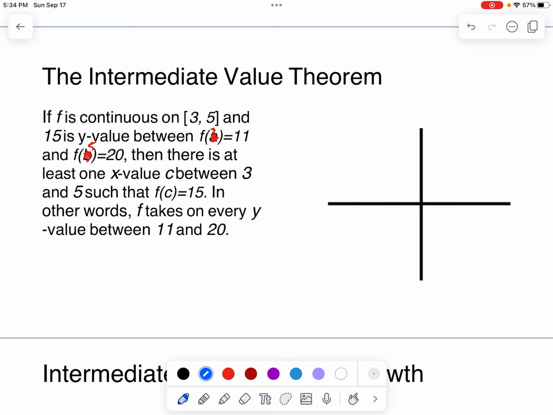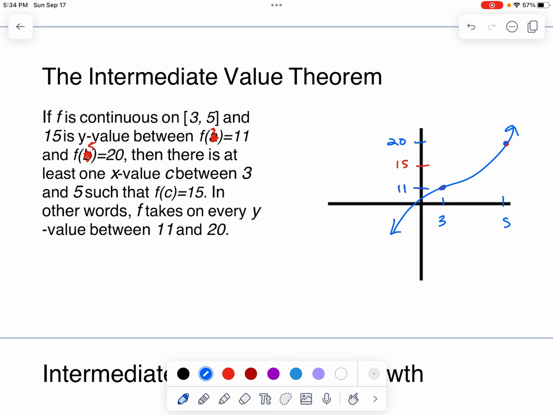It says if f is continuous on [3, 5]. So again, we have this continuous function on [3, 5], and 15 is a y value between f of 3, and in this case, f of 3 is 11, and f of 5 is 20.